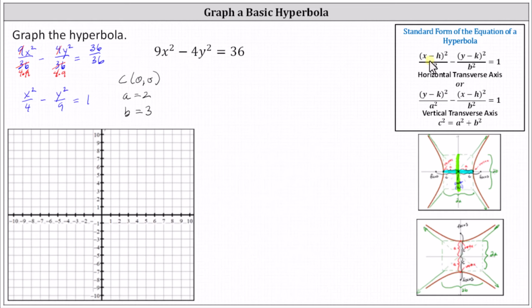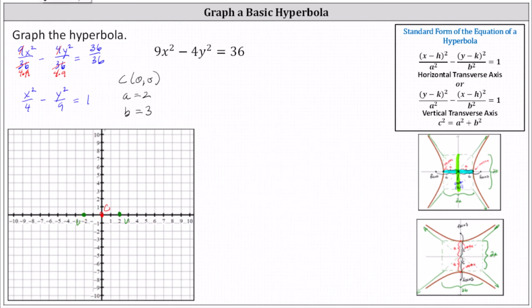So let's first plot the center, 0, 0. And because we have a horizontal transverse axis and a equals 2, the endpoints of the transverse axis are a units from the center, or 2 units from the center, which means one endpoint is 2, 0, which is also a vertex. The other endpoint is negative 2, 0, which again is also a vertex.